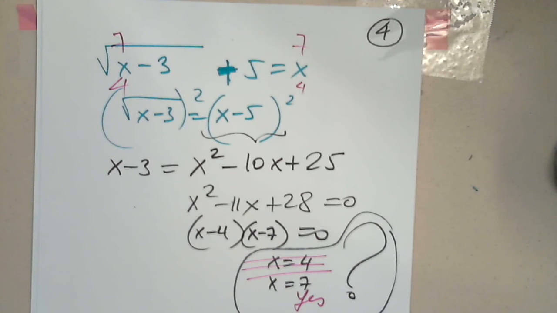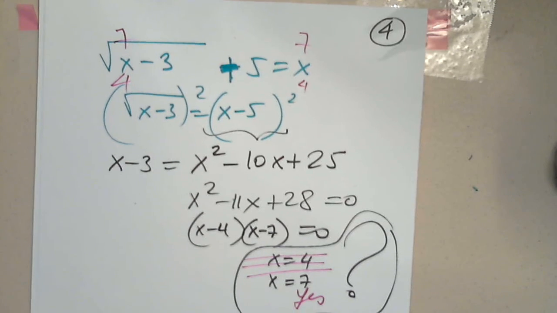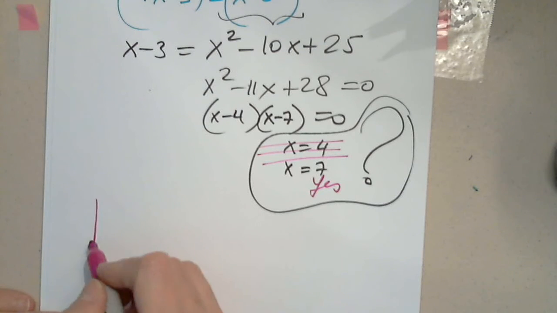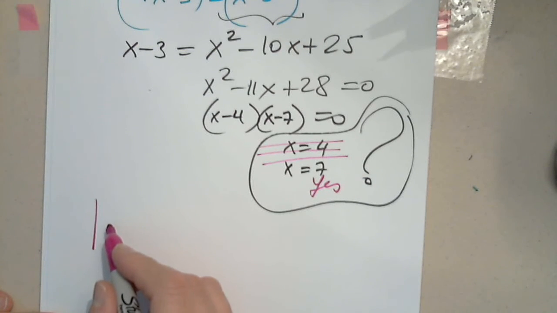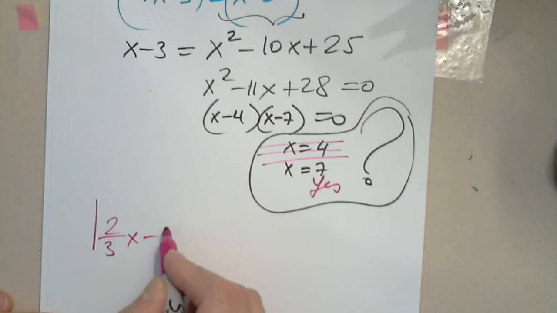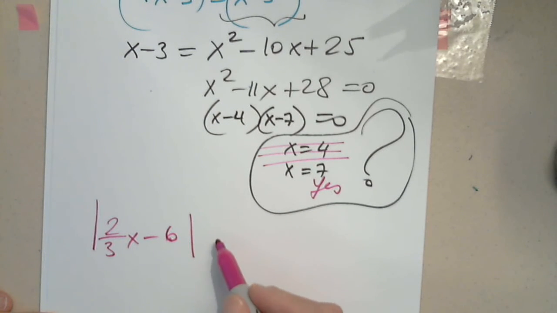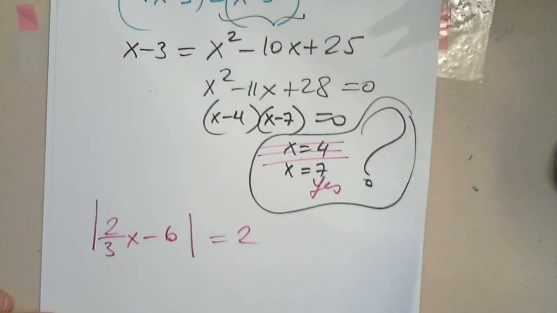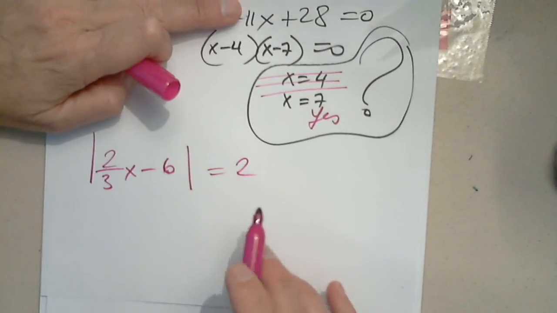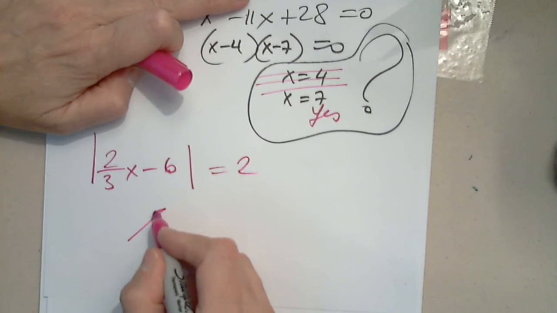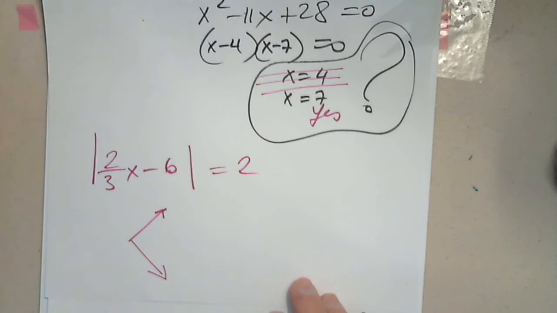Did we work on D, which has the absolute value? It's the absolute value of 2/3 x minus 6, the other side of the absolute value, equals 2. Good. So if you remember, absolute value equations are not linear equations, so there are actually two options.